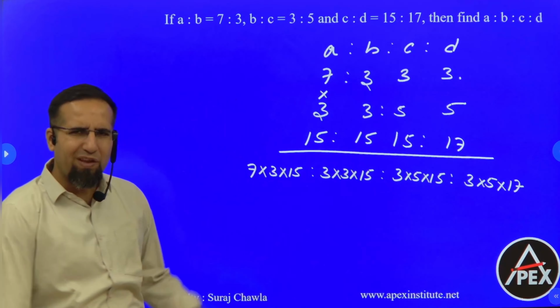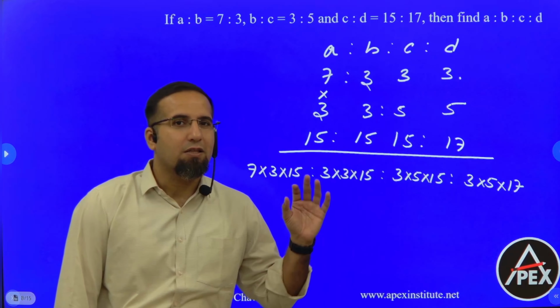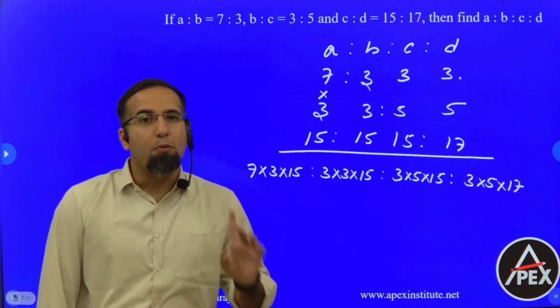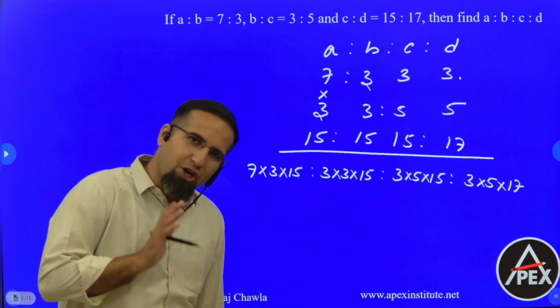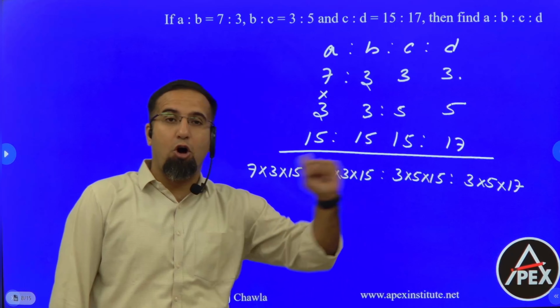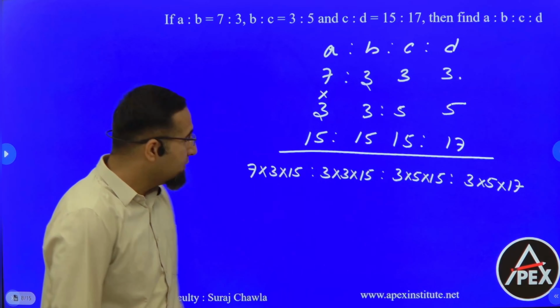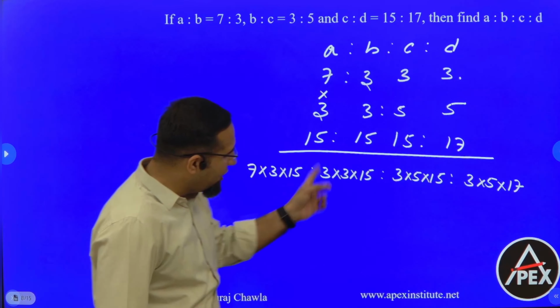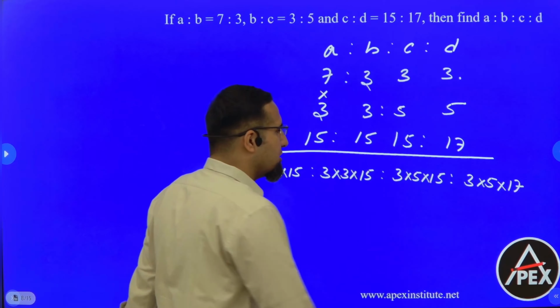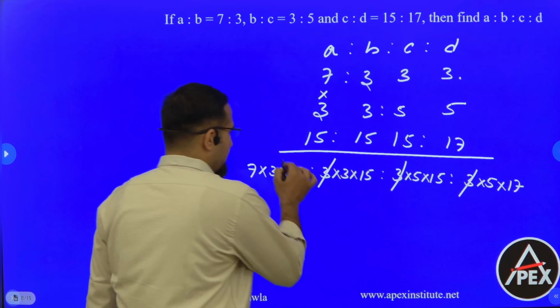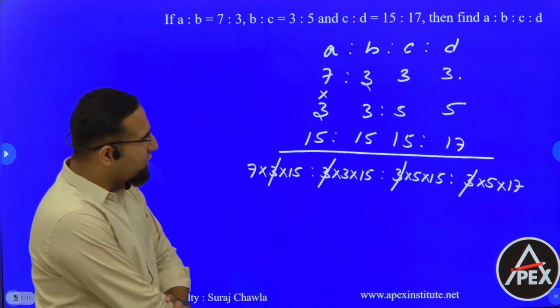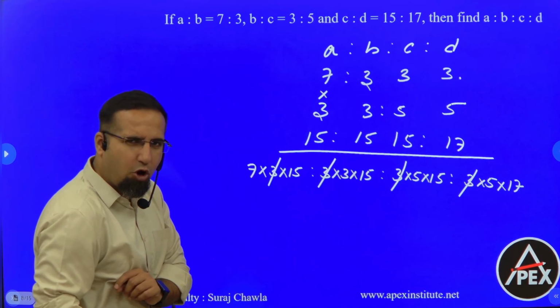of D. Now, we learned in the first class that the ratio must be expressed in the most simplified form. Please check, is there something common among all the numbers? I can see a 3 here, a 3 here, a 3 here, and a 3 here. So, I can cancel the 3 first. Is there any other common factor? I can see a 5 which is the common factor.